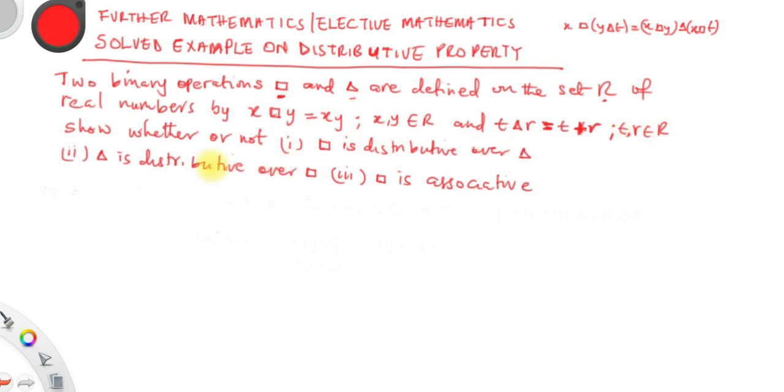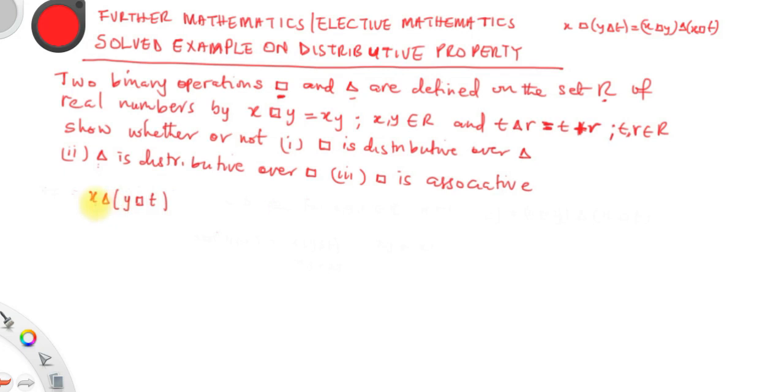You know that with the distributive property we have two operations and three elements. So we can take any three elements from x, y, t, r.